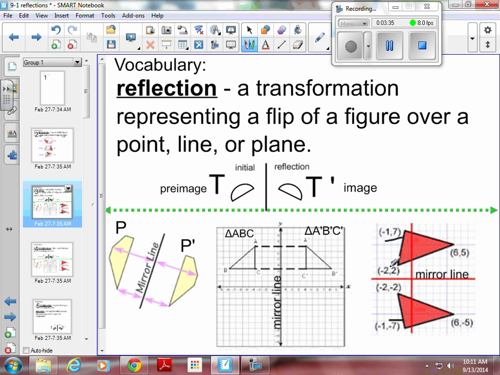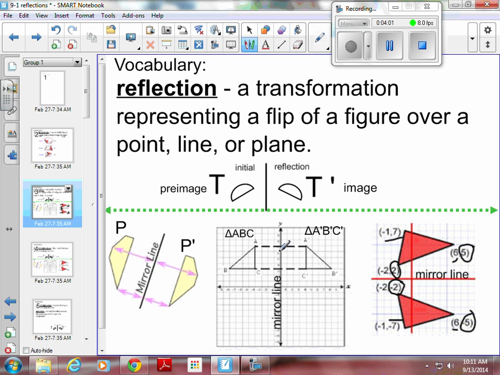If we were 2 above, we go to 2 below, so 2 goes to -2. Notice the first coordinates stay the same, the -1, -1. We're the same distance from the y-axis, but you have to change the sign because you're going to the opposite side of it. So again, the 6 stays the same, and the 5 goes from a +5 above to a -5 below.